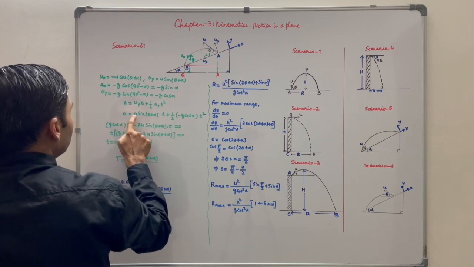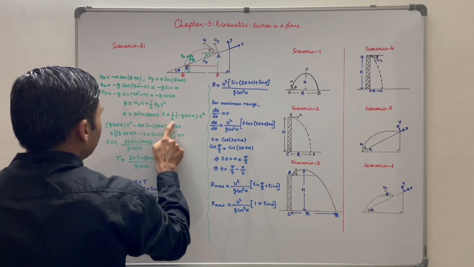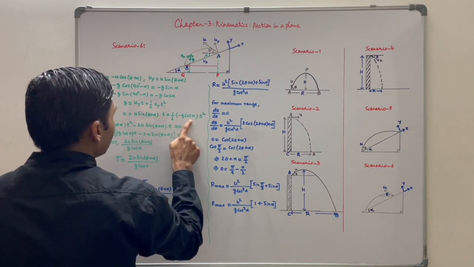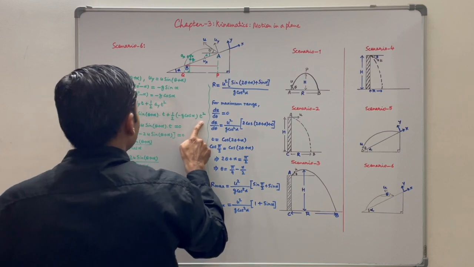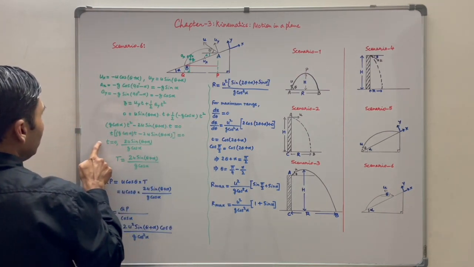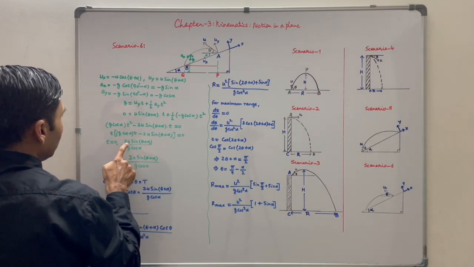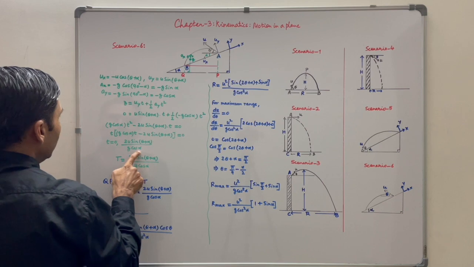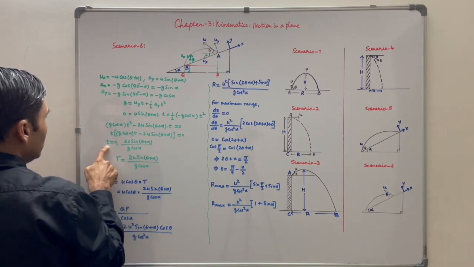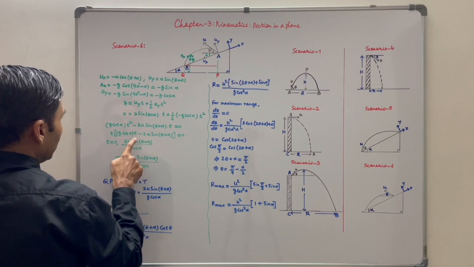So 0 is equal to u sin(θ + α) into t plus 1/2 into (−g cos α) into t². This gives a quadratic in t. Values of t will be equal to 0 or 2u sin(θ + α) upon g cos α. t cannot be equal to 0, so time of flight t is equal to 2u sin(θ + α) upon g cos α.